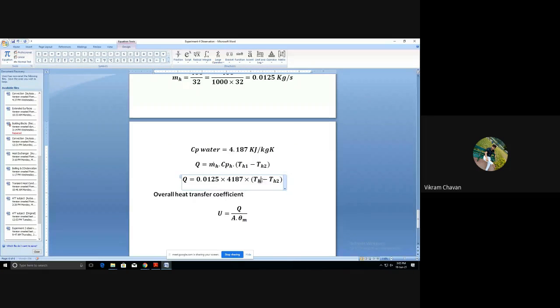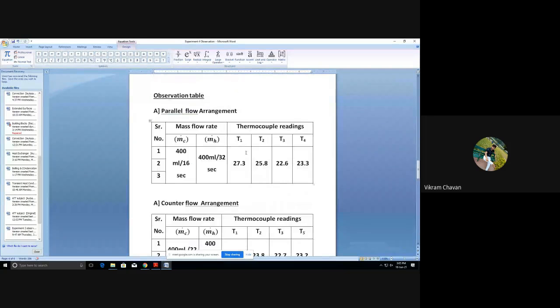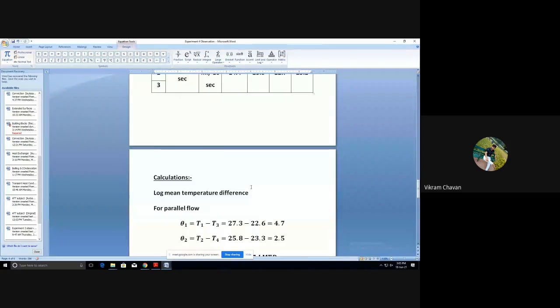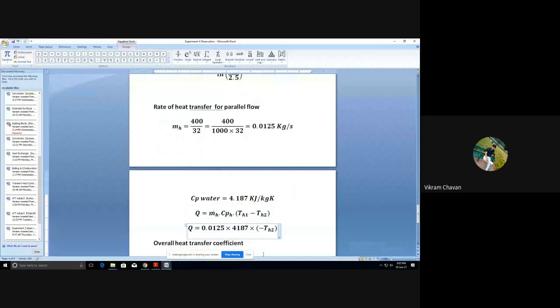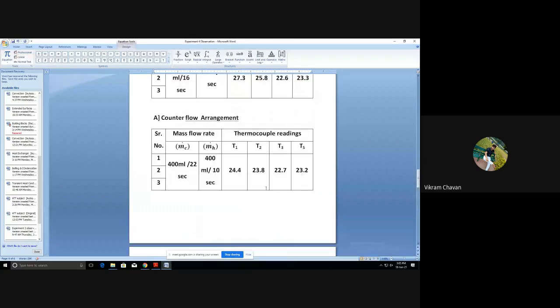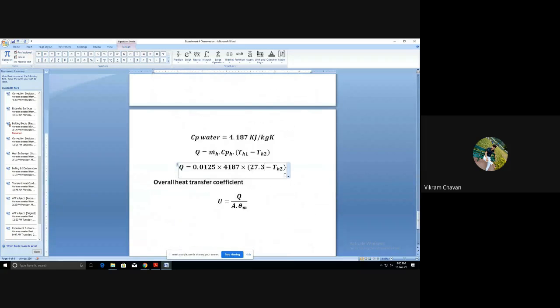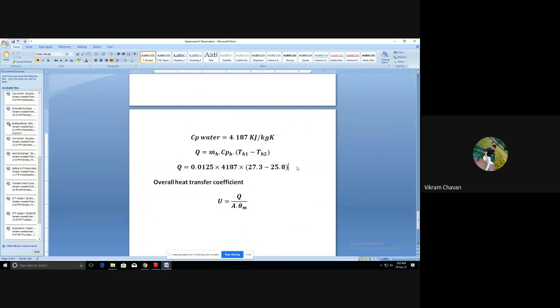TH1 for the parallel is 27.3 and TH2 is 25.8. Do the calculation and calculate Q.